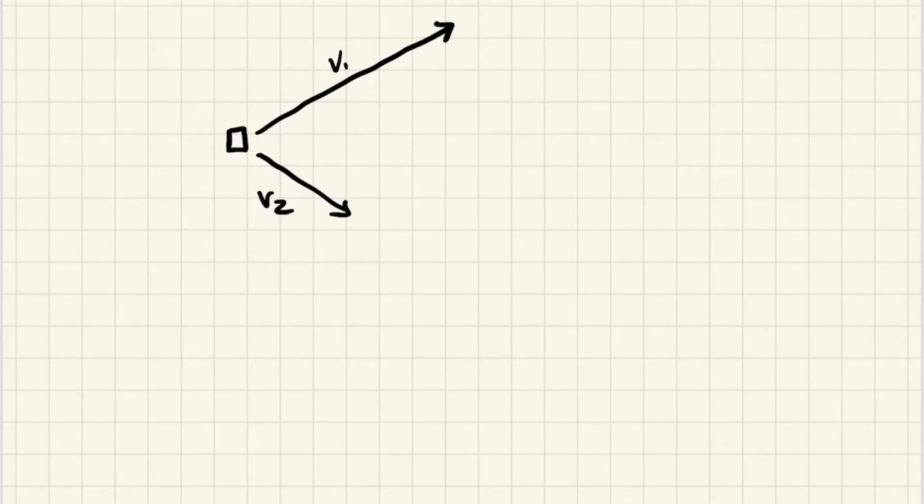So I'm going to take v2, for instance, and I'm actually literally going to copy it and paste it right there at the end of v1. And our resultant will be the vector that starts at the beginning of v1 and now ends at the end of v2. So we get our magnitude and our direction out of this.